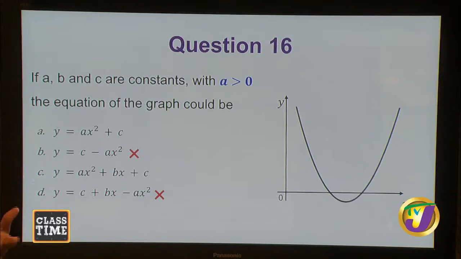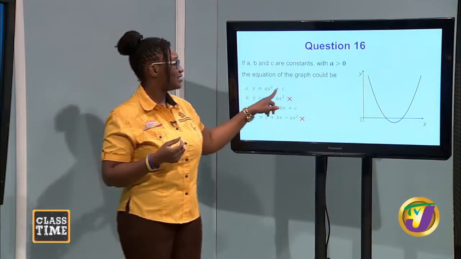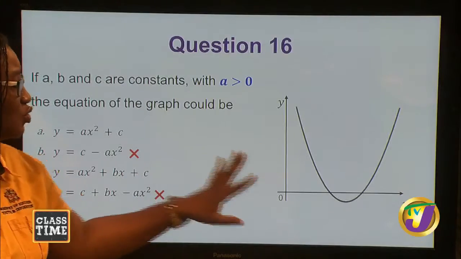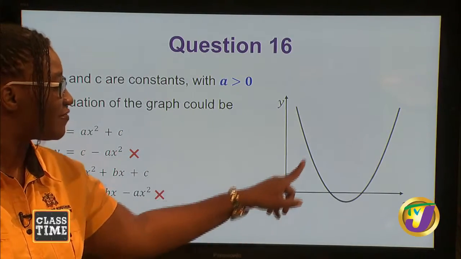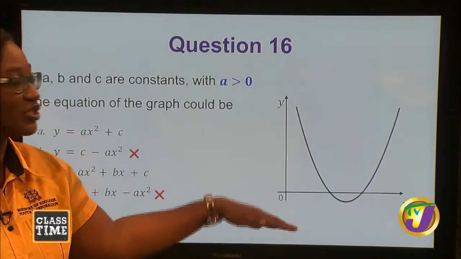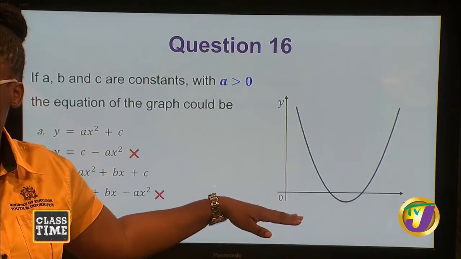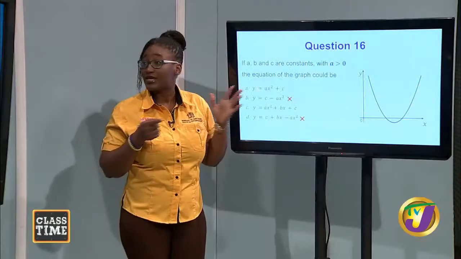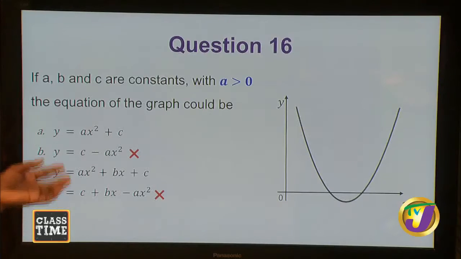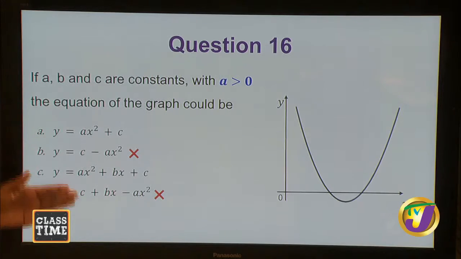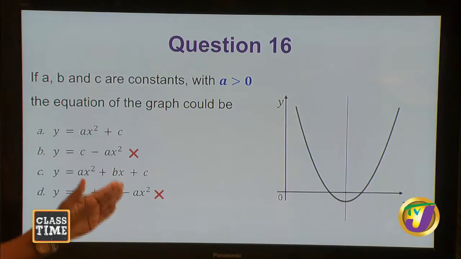Now, one of the things I know, Latoya, is that the C value, and I want our students to zoom in, if we started with a graph right here, our C value basically just moves it up or down. It never shifts it in any other direction, right? Another thing I know is that whenever B is 0, my line of symmetry is my y-axis.